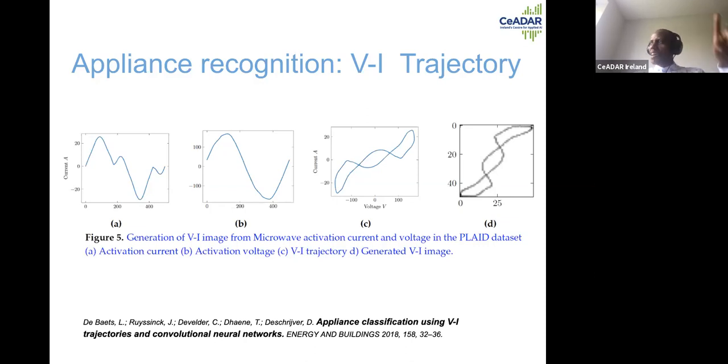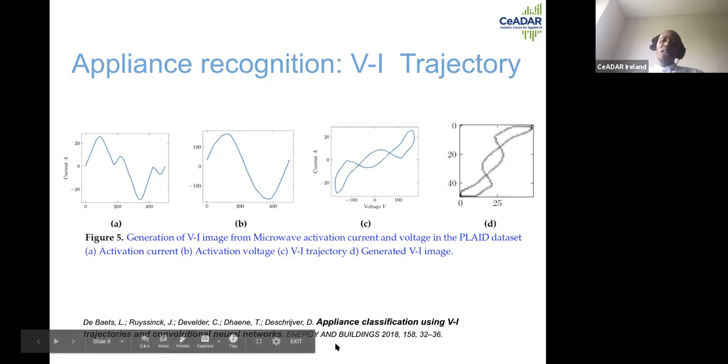It means if you monitor the current and voltage signal of a particular appliance and then align current and voltage, you will get a particular shape. This shape will be different from one appliance to another. Then you can transform this shape into an image representation, like shown in this image D. Then using machine learning techniques like CNN, you can learn patterns which differentiate one appliance from another by transforming into an image. This paper proposes this approach.